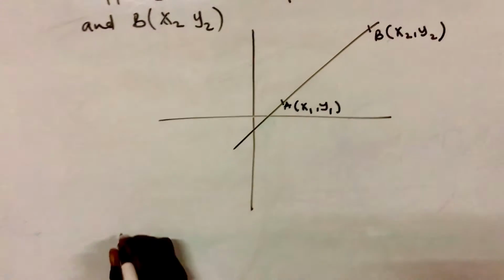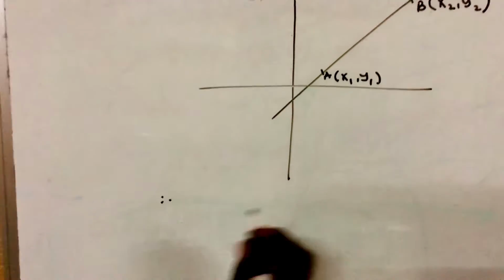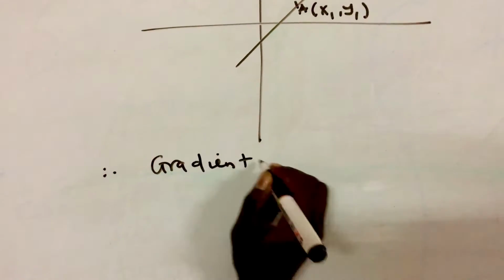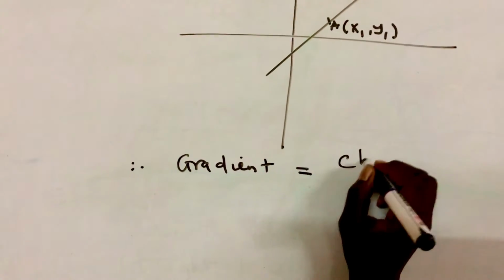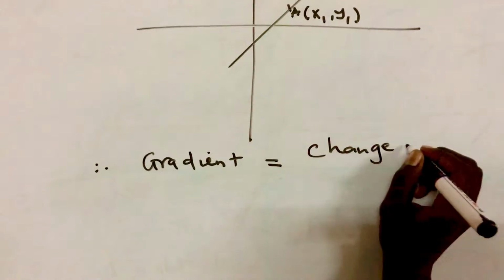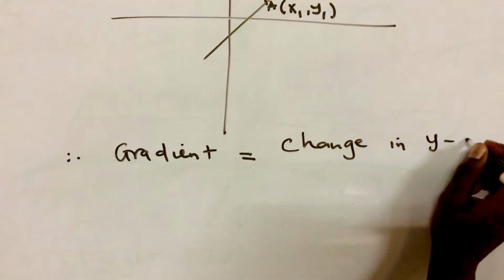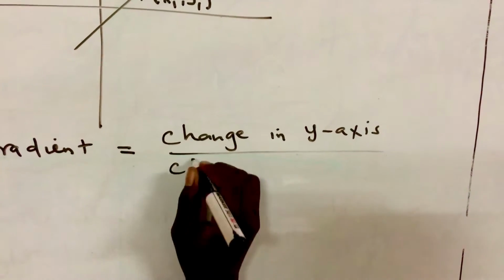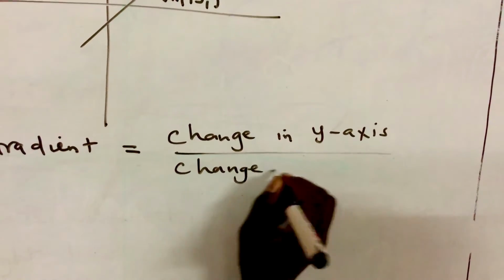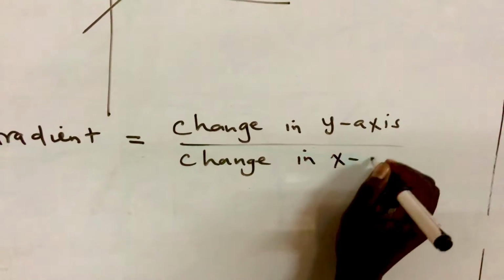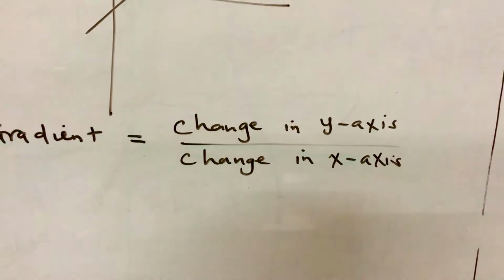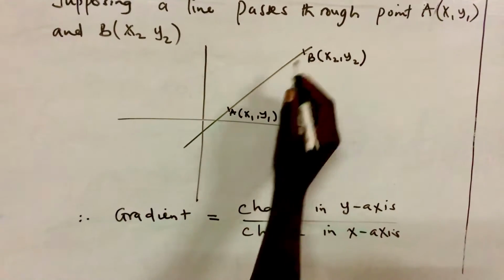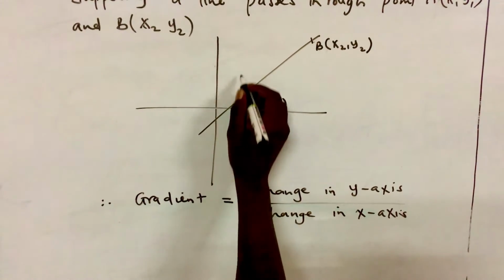So we shall say, in calculating the gradient, it is given by a simple formula: change in y-axis, or increase in y-axis, over change or increase in the x-axis. For example, as you move from point A up to point B, it means that y is changing.